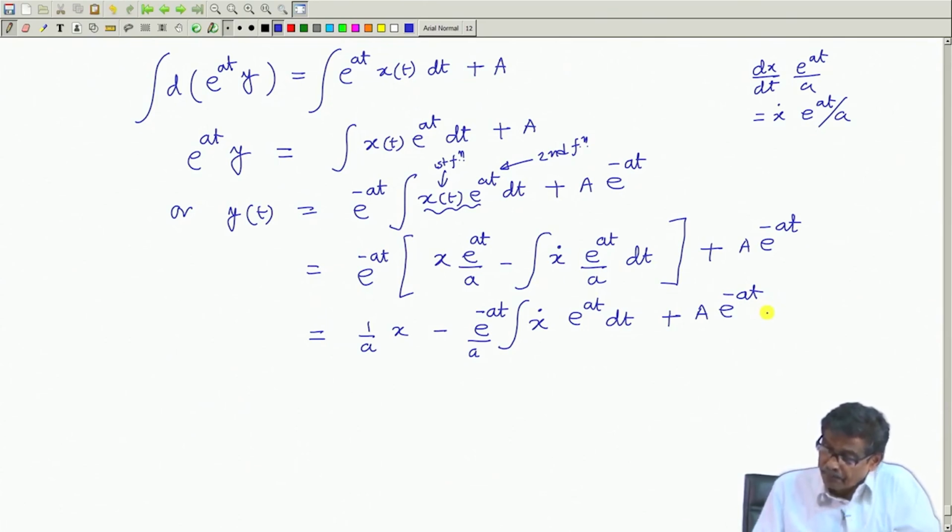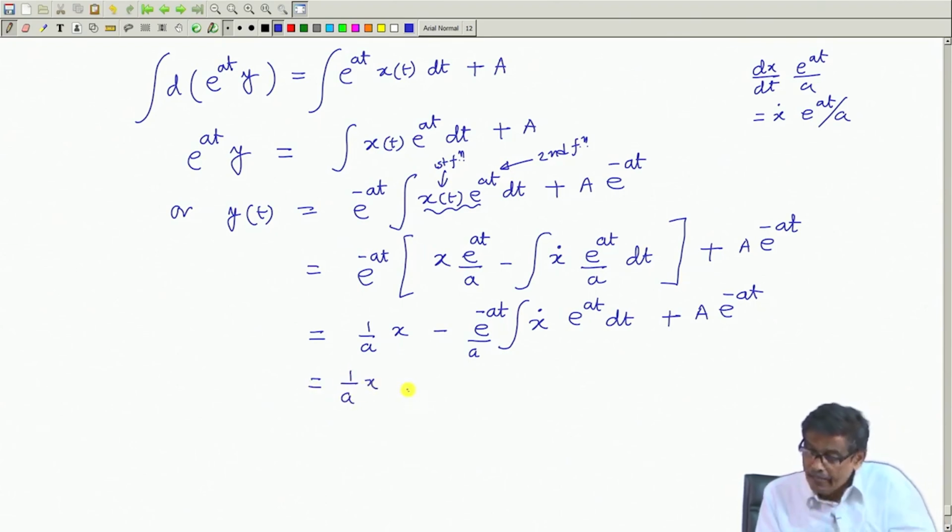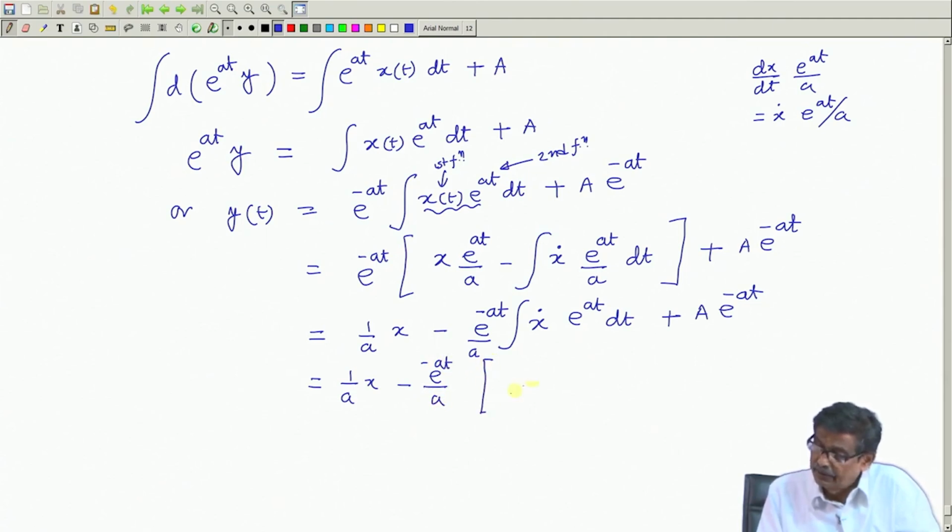Now, in this step once again I find that this term is fine, 1 over a into x minus e to the power minus a t by a is also fine, but here is once again a product of two functions and it is to be integrated.